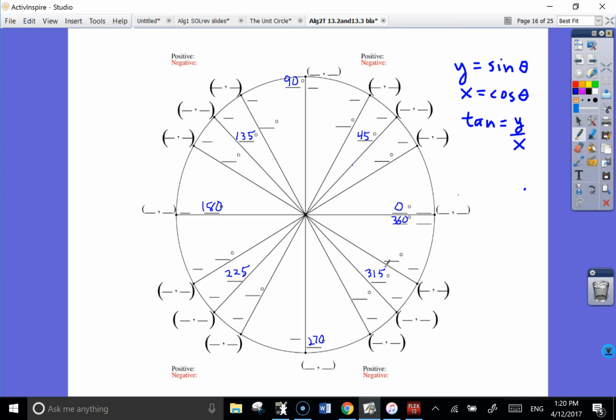Okay. Now on either side of those middle-of-the-quadrant 45-degree lines, you've got a 30 degree and a 60 degree. So this is the 30 degree. This is the 60. This one, 30 degrees past 90, would be 120. And this would be 150.